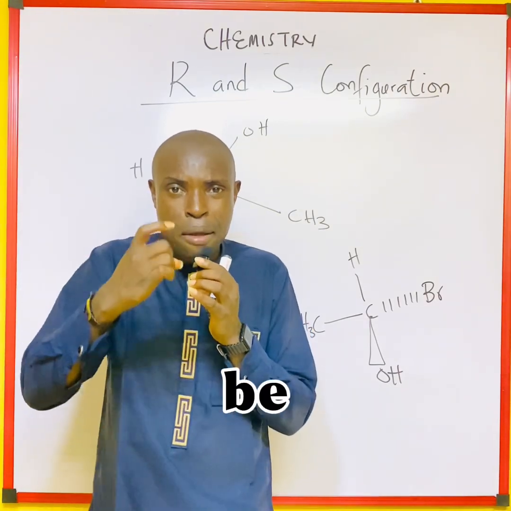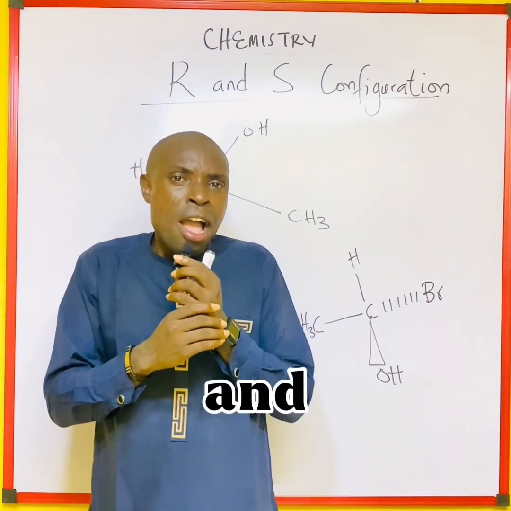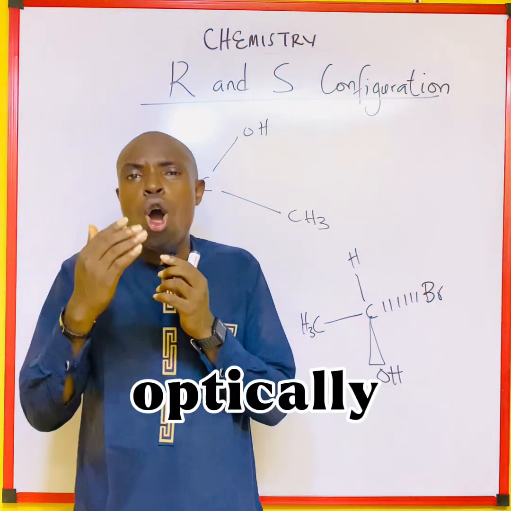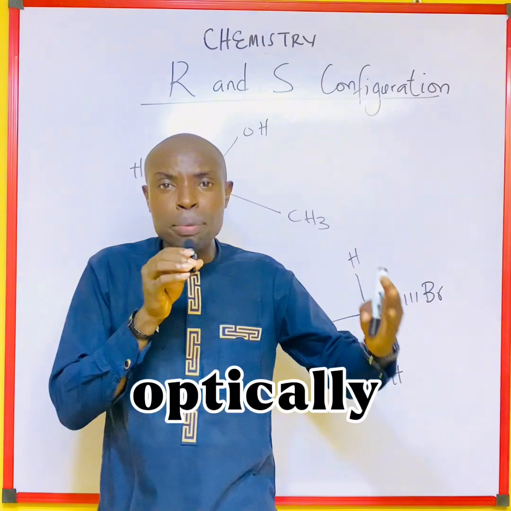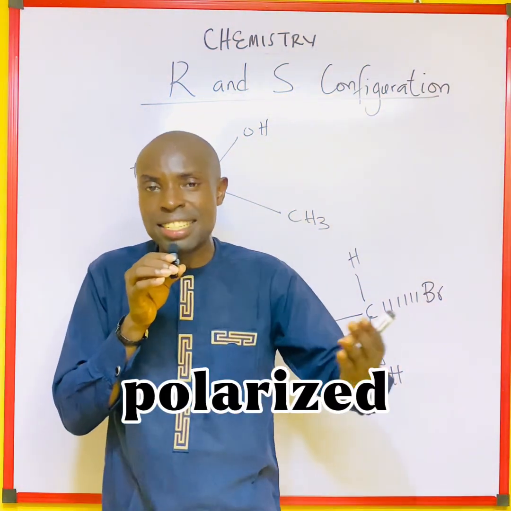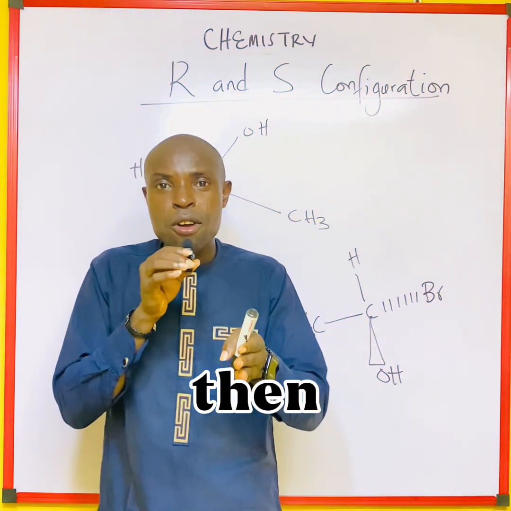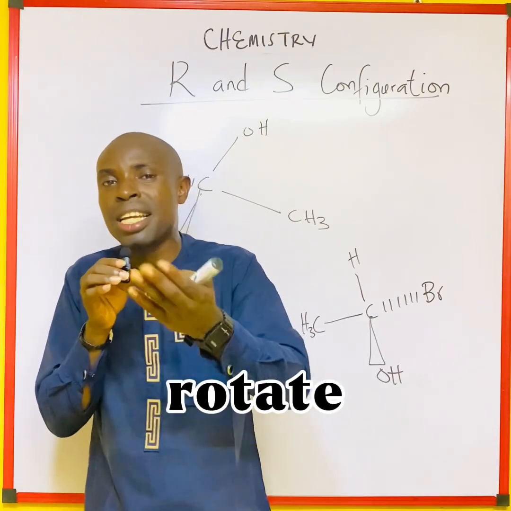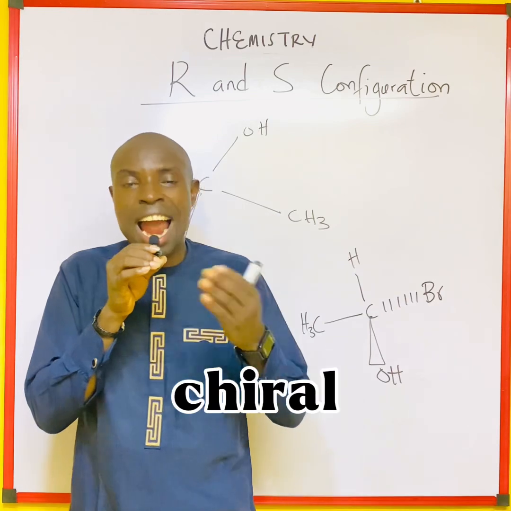It must be 4 different groups. And the opposite of optically active compound is optically inactive compound. So if we have said that an optically active compound can rotate the plane of polarized light, right? Then optically inactive compound shouldn't be able to rotate the plane of polarized light because it lacks chiral centers or chiral carbons.